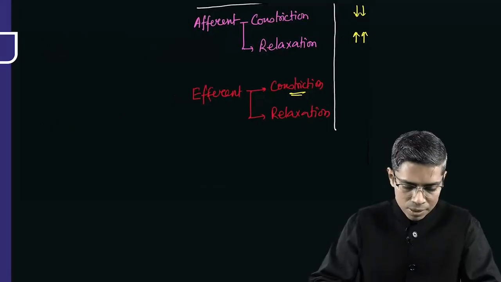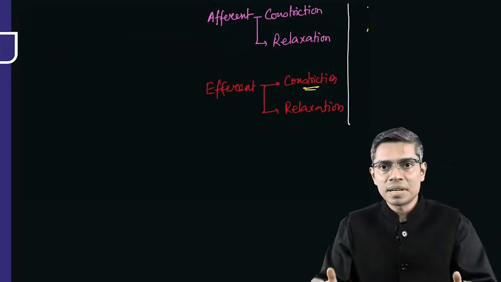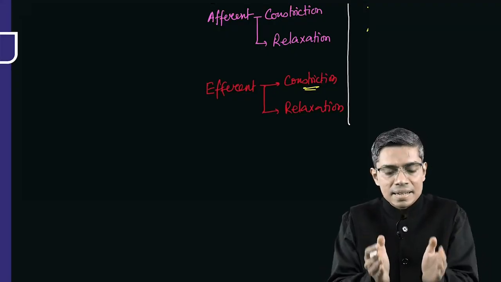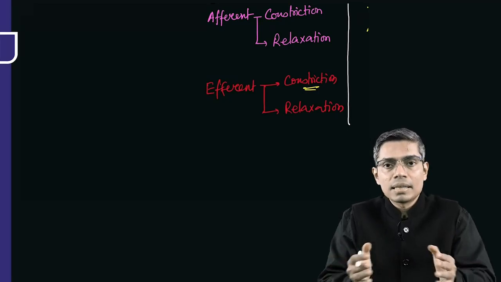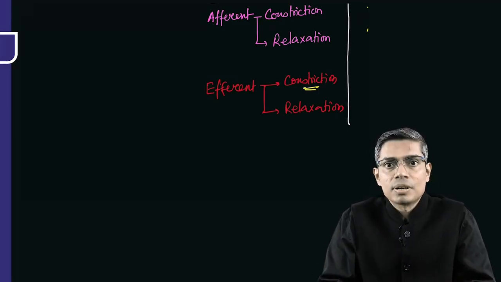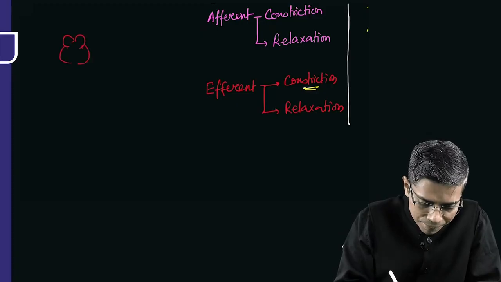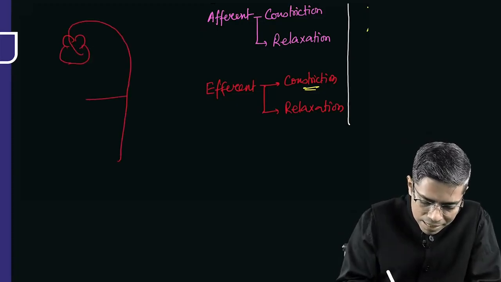Look at, okay. Whenever you are thinking about afferent arteriole or efferent arteriole, both of them are located inside the kidney. You have to think of the kidney as a whole organ, and the heart is pumping blood to every organ, and kidney is one of them, right? So this is your heart, it is pumping blood and supplying every organ.